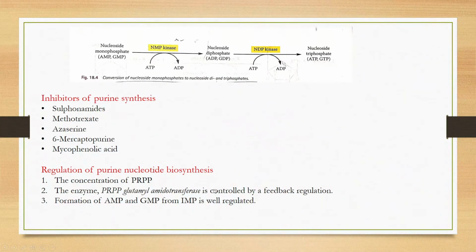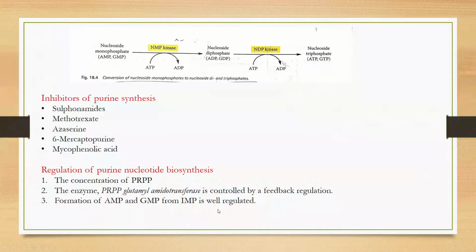Through the same feedback inhibition, AMP inhibits step 12 and GMP inhibits step 14, so the formation of AMP and GMP from IMP is regulated.